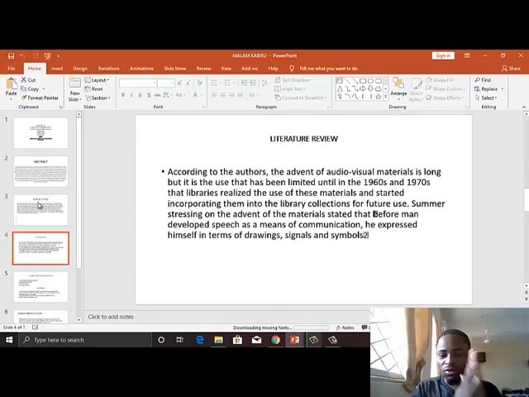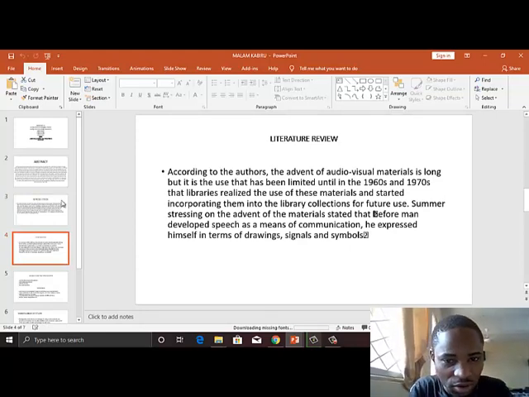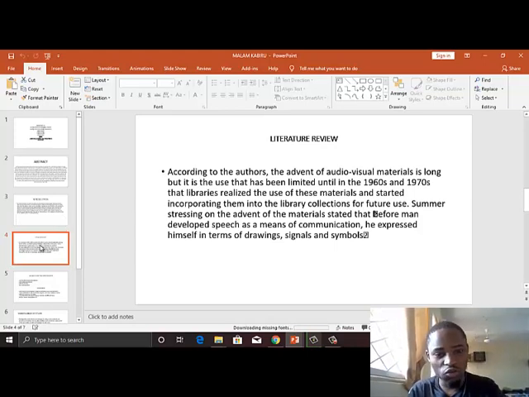Then that is the literature review of the mini project, which is the audio visual system. According to the author, the advent of audio visual material is long, but its use has been limited until the 1960s and 1970s.